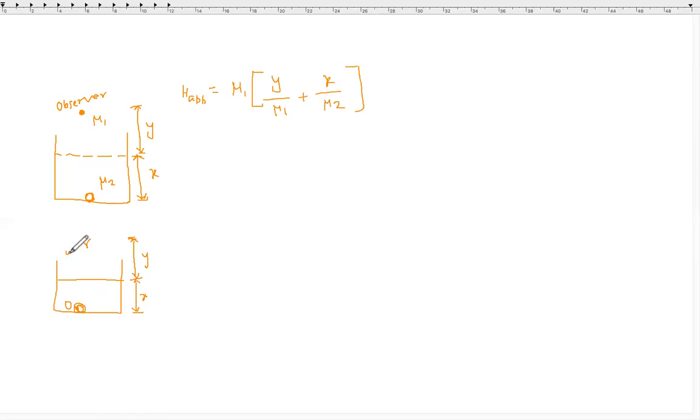The refractive index is mu1, and the other refractive index is, suppose, mu2. So the observer is sitting here.